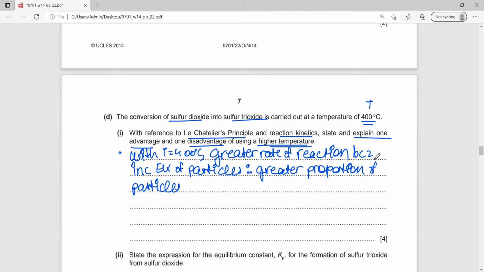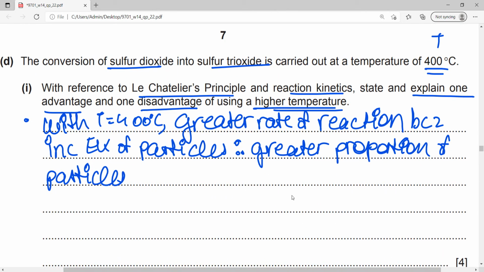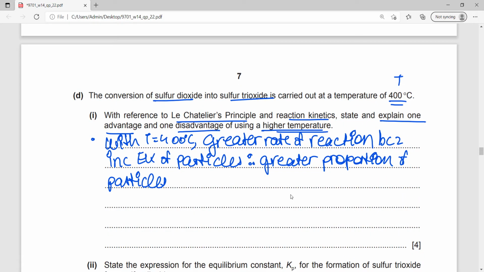Wait, let me just zoom in because I'll have to write a lot here. Right, greater proportion of particles with kinetic energies greater than or equal to the activation energy. And what else? Greater frequency of successful collisions. I don't remember the spelling of collisions, apologies. Anyway, that is the advantage explained.